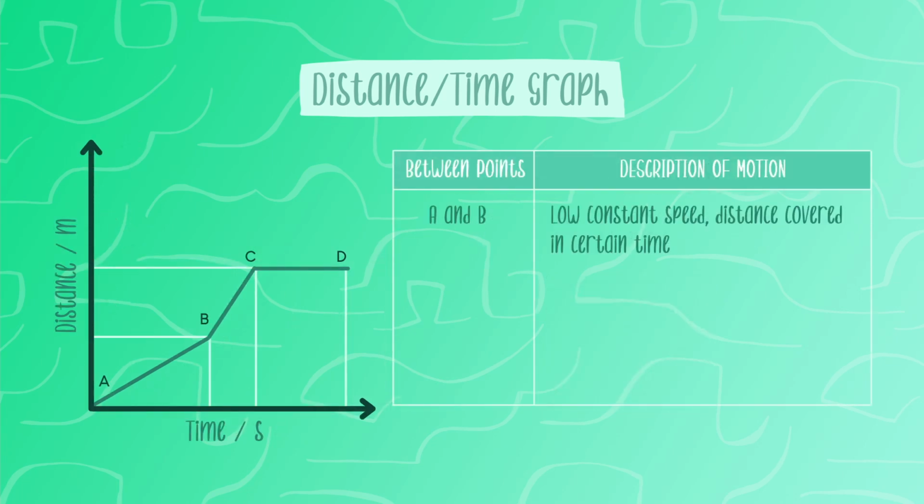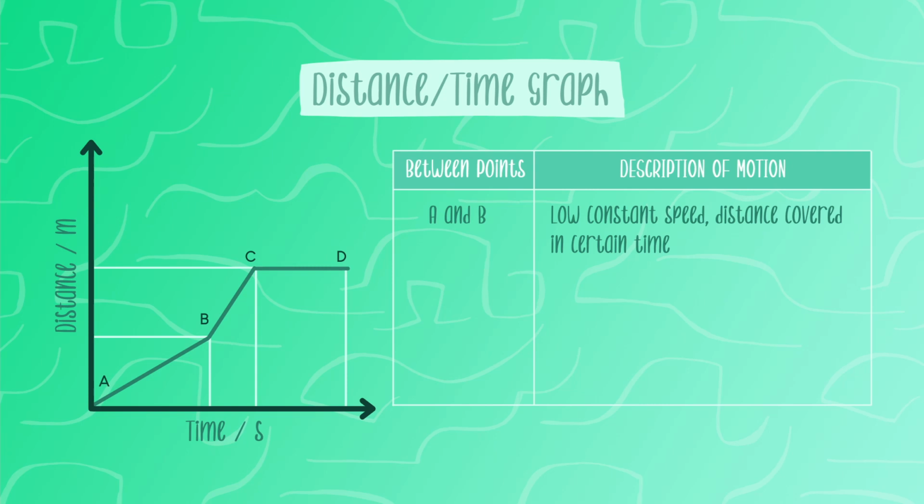Now let's look at points A and B first. As you can see, there is a difference in the y-axis values, that is the distance axis, as the car moves between points A and B. This indicates that the car has moved a certain distance, and obviously for that it would need certain time.